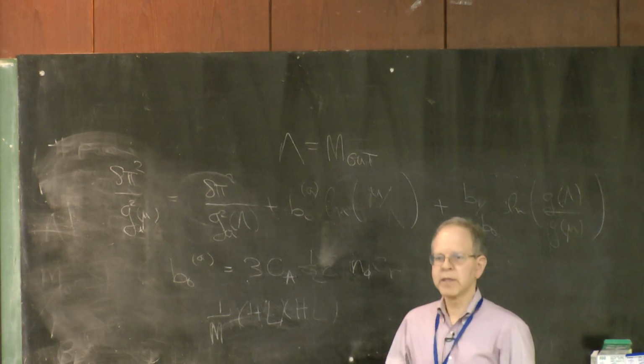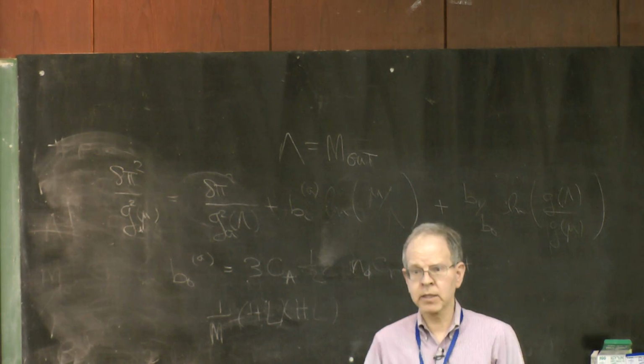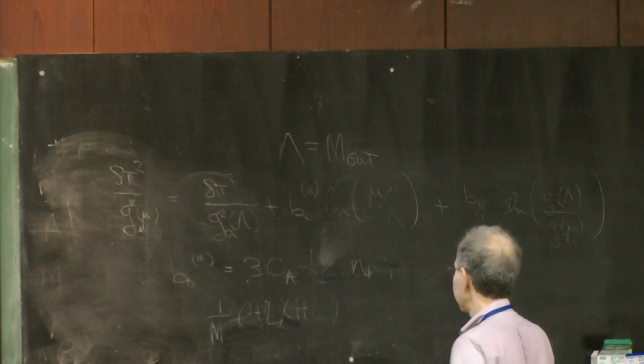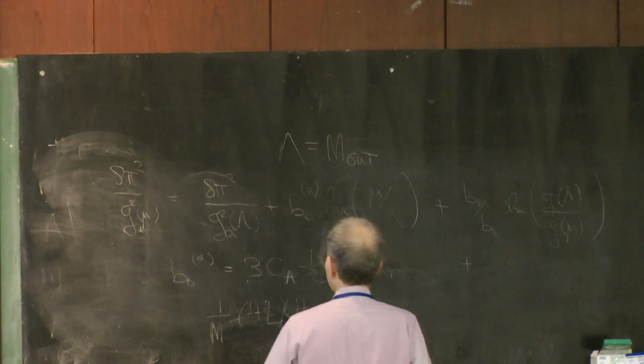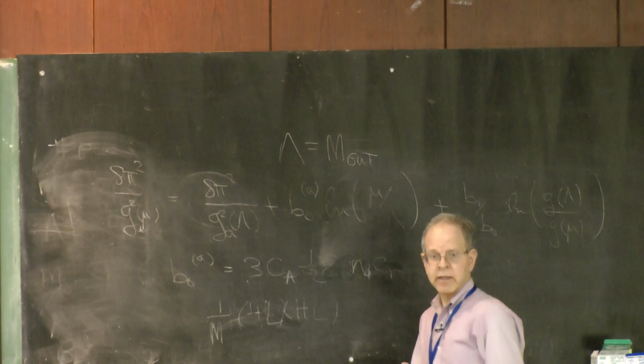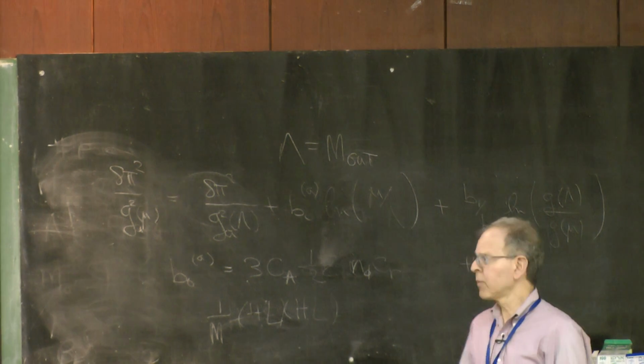In the seesaw mechanism, that mass scale is the mass of the right-handed neutrino times some coupling constants. And at low energies, we could represent the effective Higgs this way. And then what do we add?